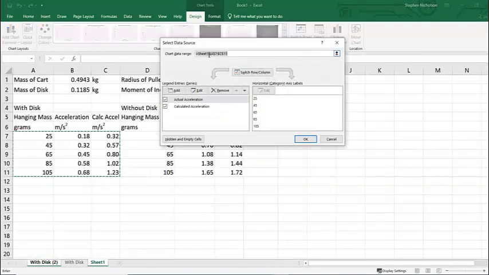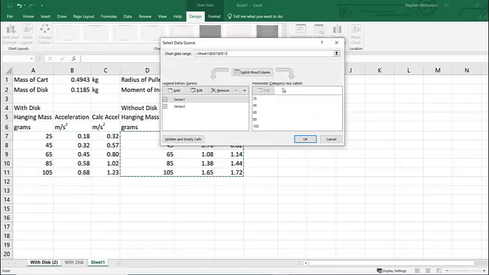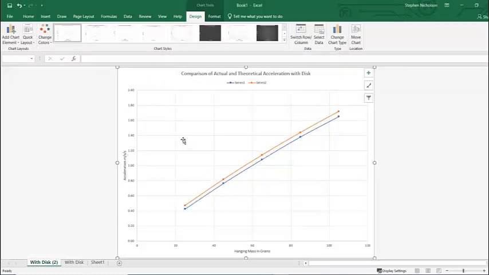And you can see here it's A7 through C right there. It's this one. So all we have to do is click on the corner here and then highlight this set of data. Push enter. It should still have the titles. So there you can see how much better they agree.